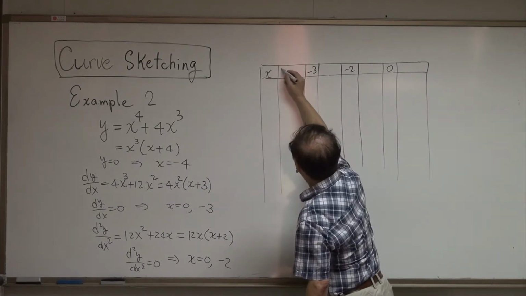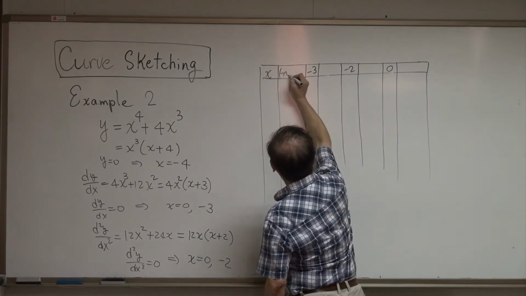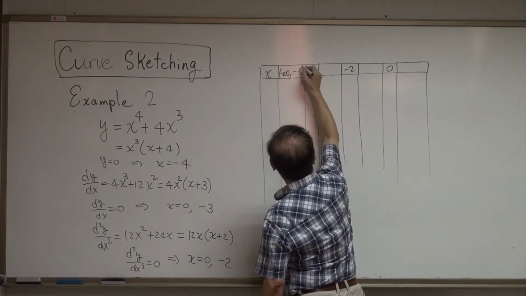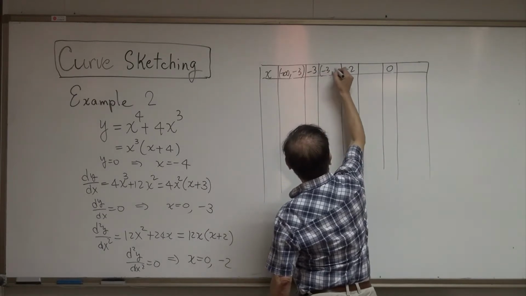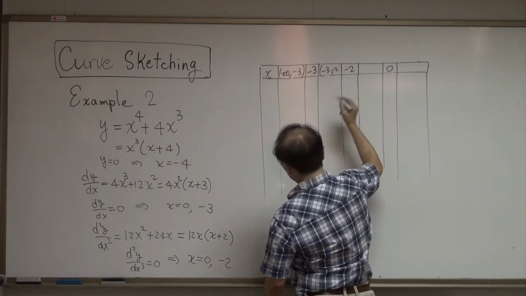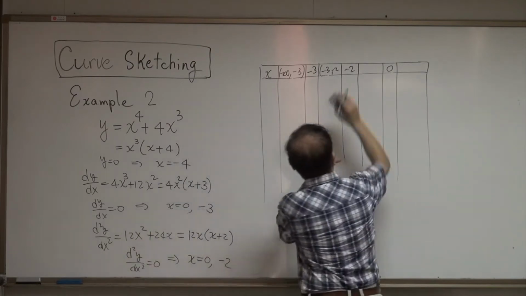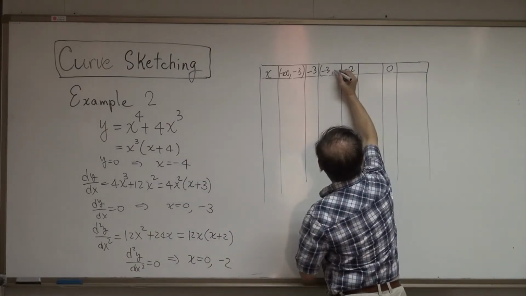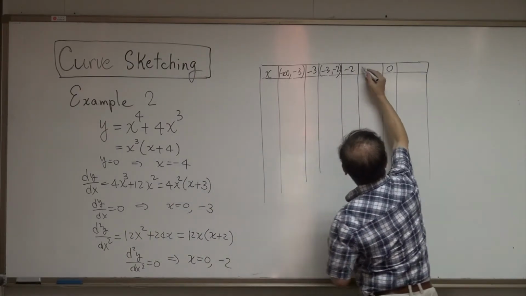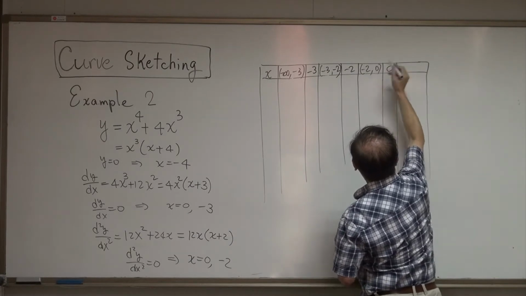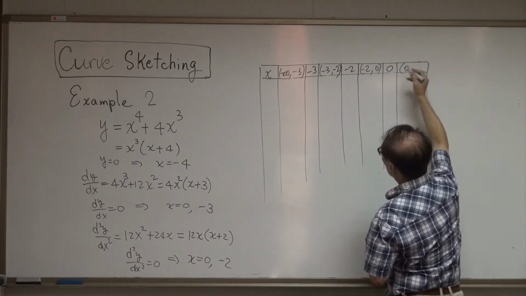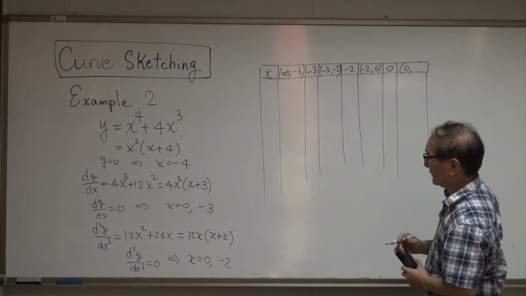This gives the intervals x from minus infinity to minus 3, minus 3 to minus 2, minus 2 to 0, and from 0 to infinity.